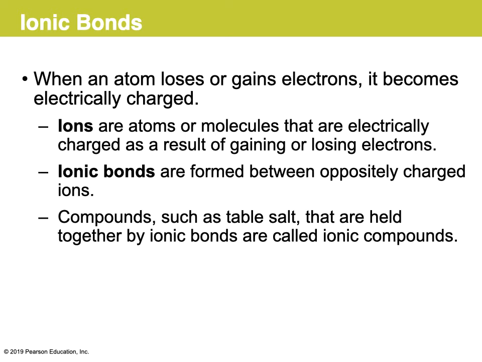If something gains electrons, it's going to be negatively charged because now it has more electrons than the number of protons in its nucleus. So ionic bonds tend to form between oppositely charged ions, right? Because you're going to have a positive and a negative, opposites attract, and that's going to have these guys hanging out together. They'll be attracted to each other, and so now these materials are going to be hanging close to each other. So compounds like table salt that get held together by ionic bonds are called ionic compounds.